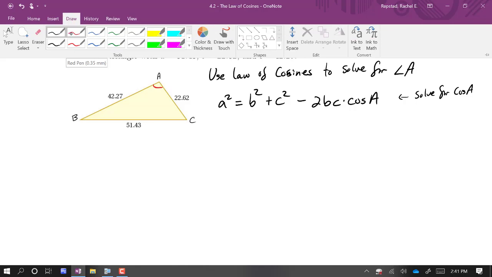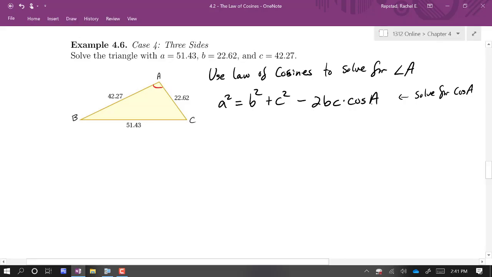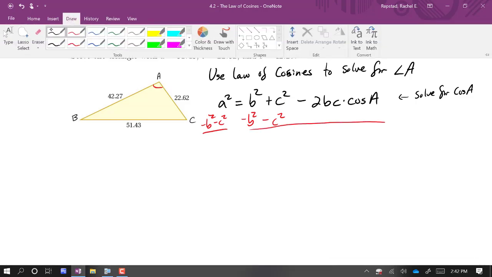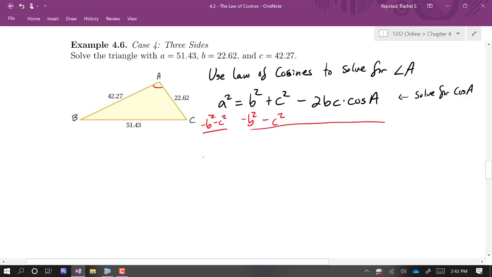So if I'm going to solve for cosine of A, I'm going to isolate this last term, the 2BC cosine A. I'm going to subtract B squared and C squared from both sides. So then I have A squared minus B squared minus C squared is equal to negative 2BC times cosine of A. Now I don't like the negative here so much.